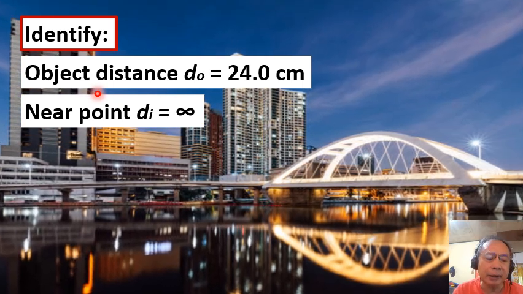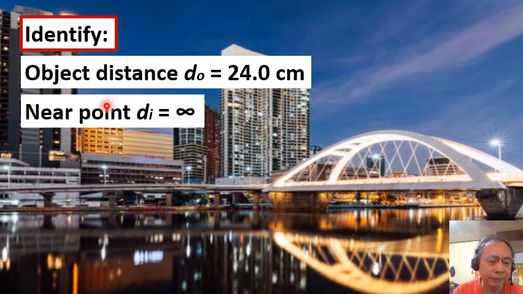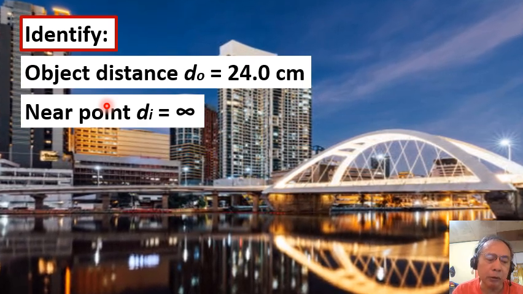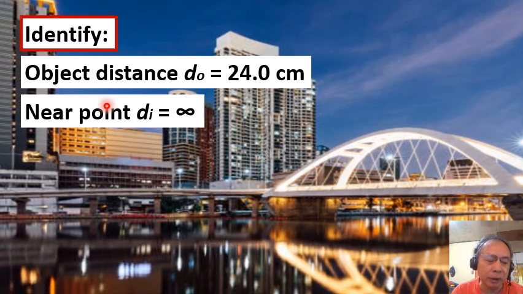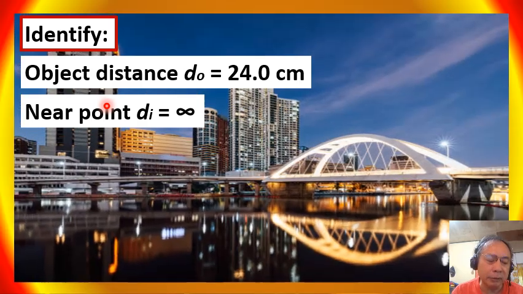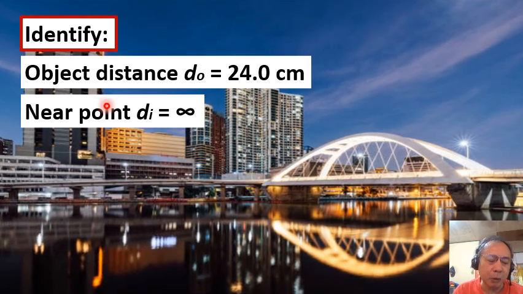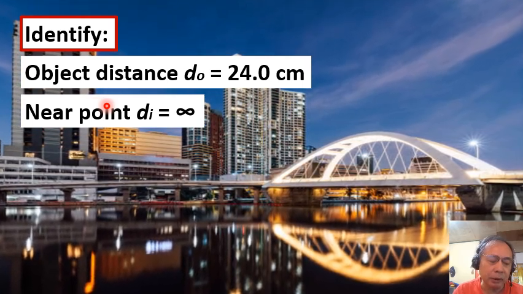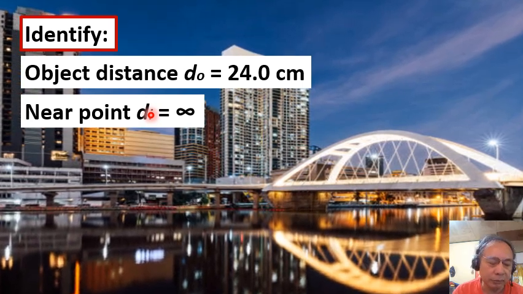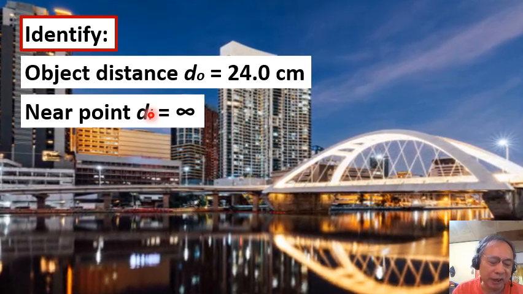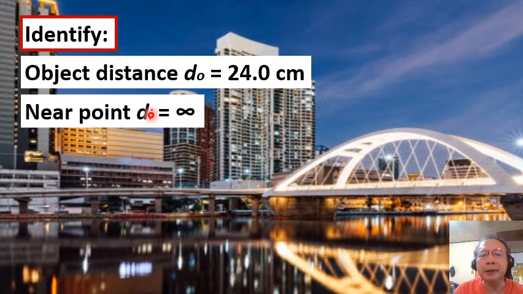Since the artificial eye lens focuses only on distant objects and there is no accommodation, or the ability of a natural eye lens to vary its focal length from a relaxed to a dilated mode, glasses or contact lenses are needed for close vision. In which case, we consider the near point to be at infinity.